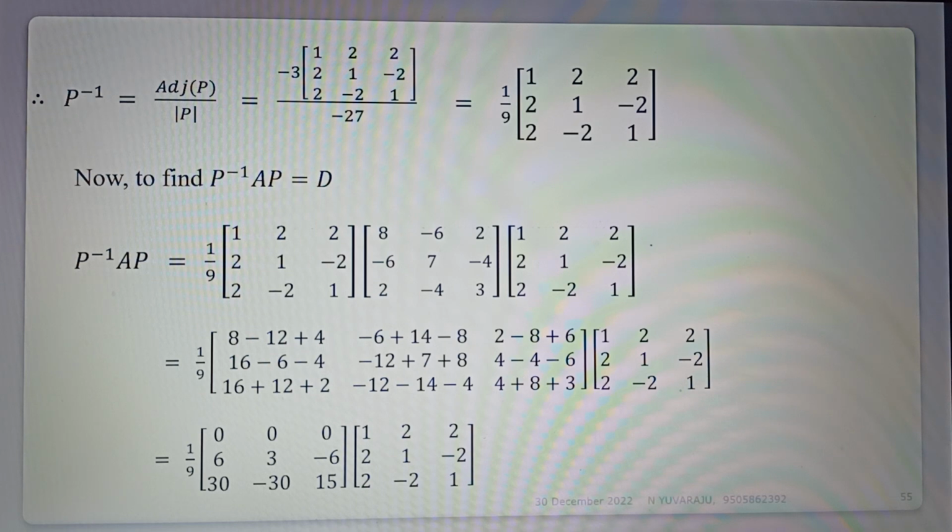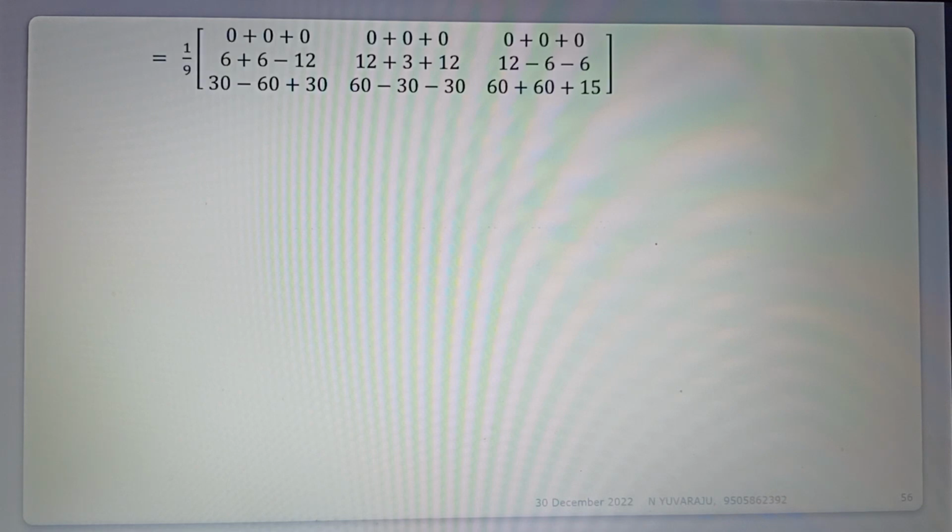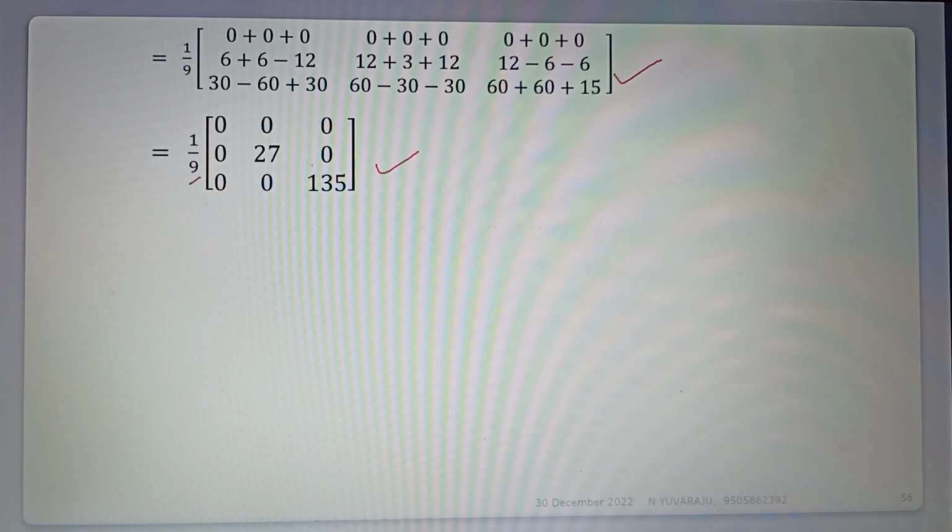Okay, that is equal to, after simplification, so after multiplying the 2 matrices, again simplification is 1/9 into 0 0 0 0 27 0 0 0 135. So now dividing by 9 to each element: 0 0 0 0 3 0 0 0 15.